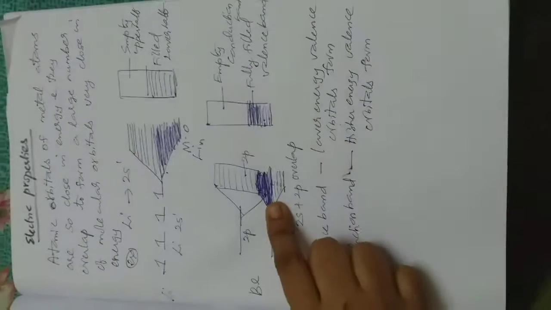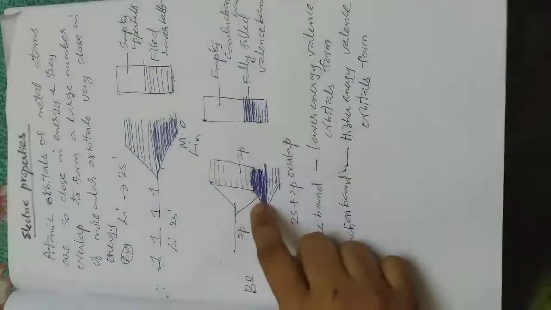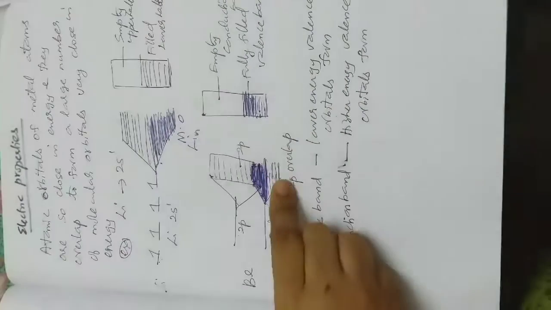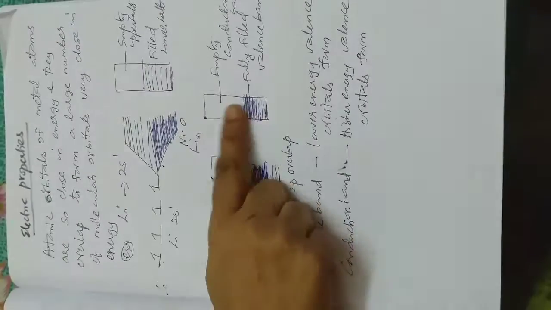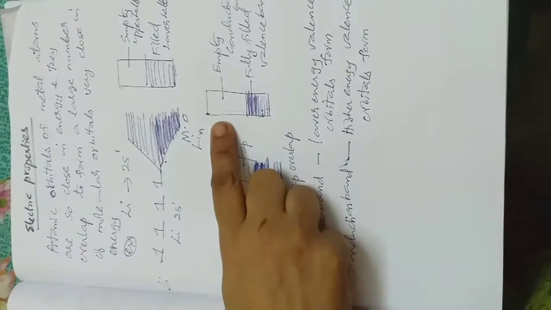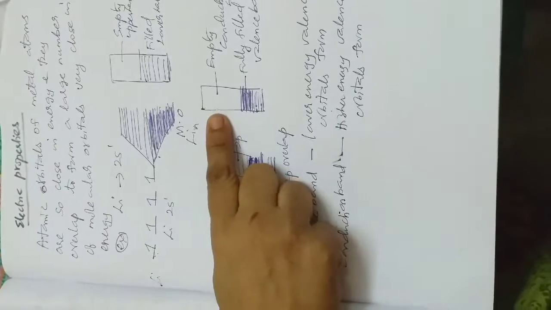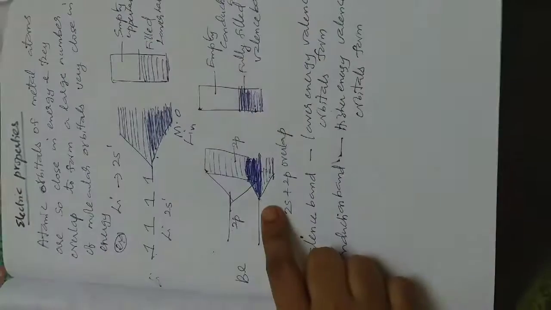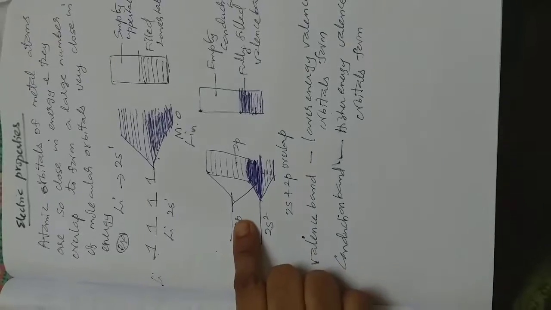Because of that, two bands are formed. One is the fully filled valence band, another is the empty conduction band. Now the electron can easily move, because of the overlapping of 2s and 2p orbitals.